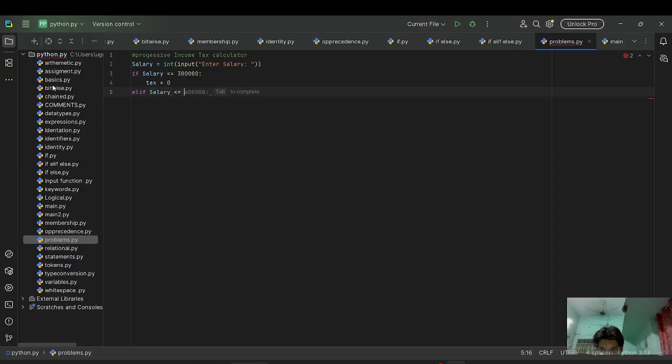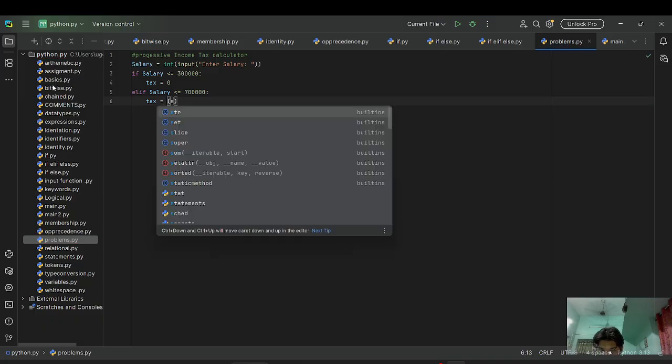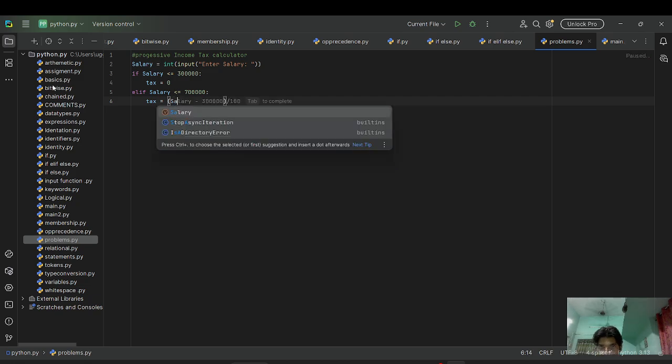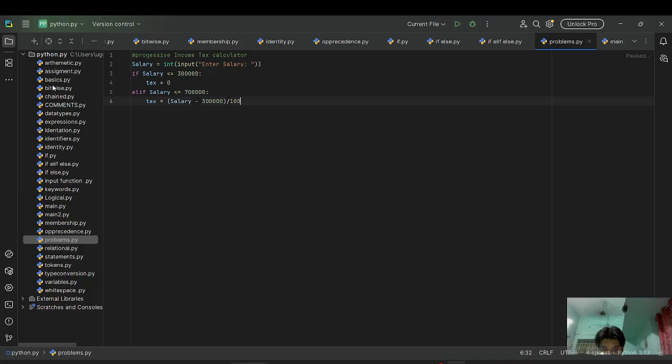Salary less than or equal to, let's take here 7 lakh. Then tax equal to salary minus 3 lakh, into 0.05.